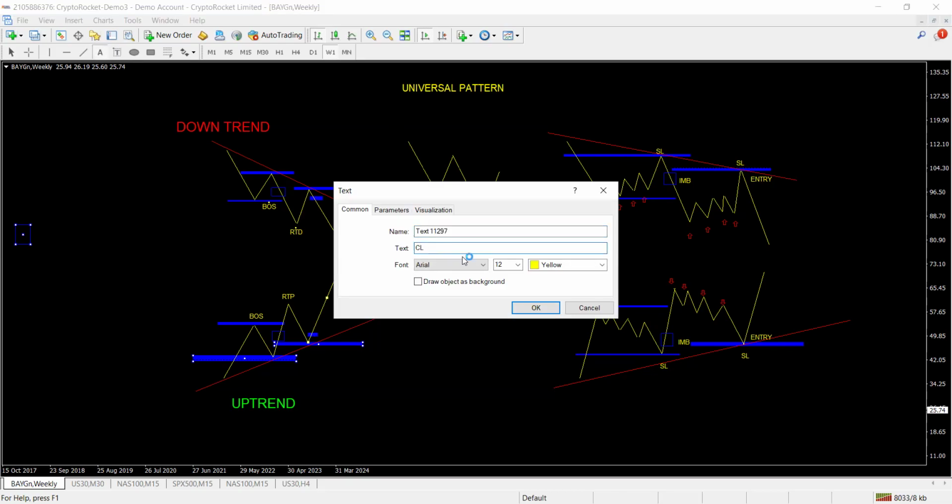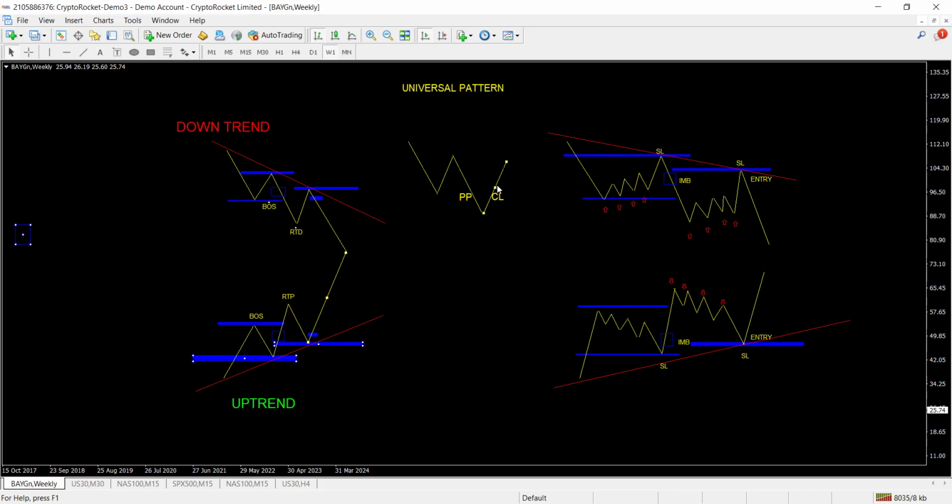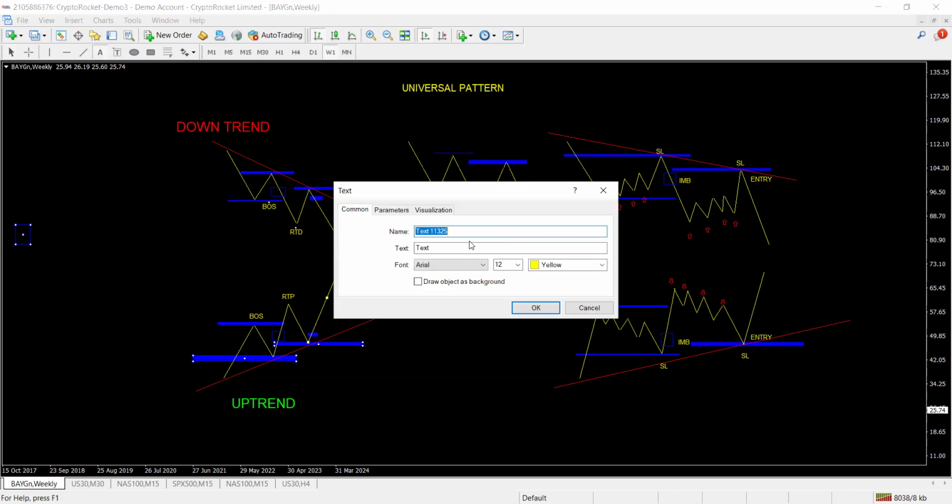I'm just going to put CL here. So we'll draw this up so you get an understanding of what that is. Push phase, creating liquidity, and then we know that this is liquidity. We're just going to put L for liquidity.